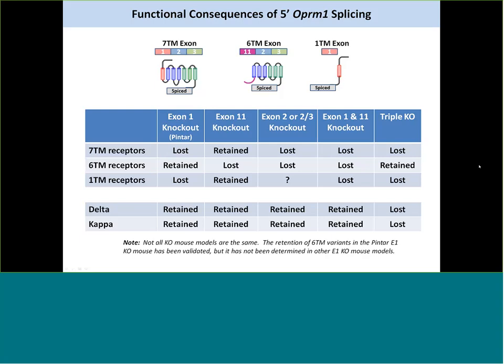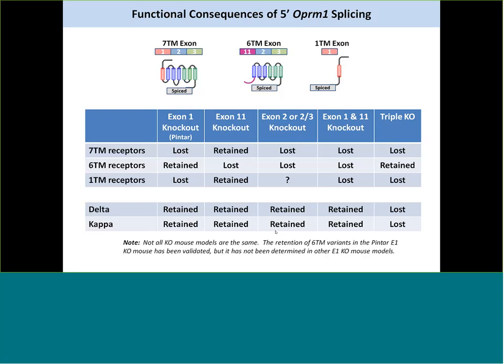More uncommonly, one might see a selective loss of a subpopulation of splice variants by a single exon knockout. And indeed, this is what we've seen with the Pintar mouse. To my knowledge, no one's ever checked the other exon 1 knockout models to see for continued expression of the 6TM receptors.